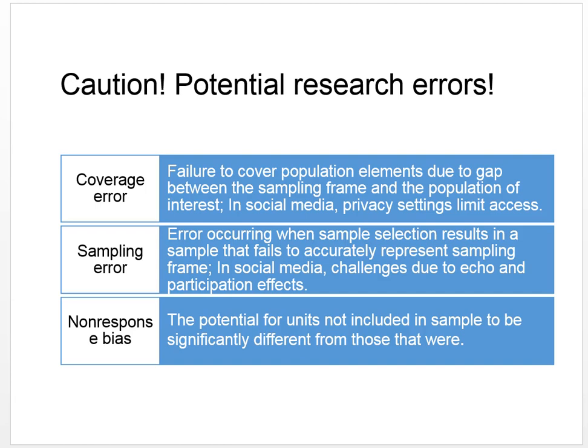So this notion of echo is where the same group of people talk to each other and essentially validate their position, and that has a massive impact. So if you get within a particular clique group, you're not really getting a representative understanding of all the different voices and all the different positions out there. And we've got non-response bias, so the potential for units not included in the sample to be significantly different from those who are, as I just mentioned.